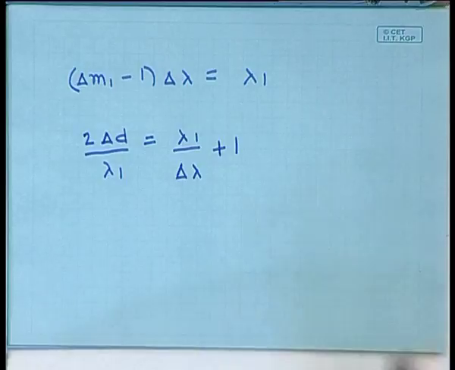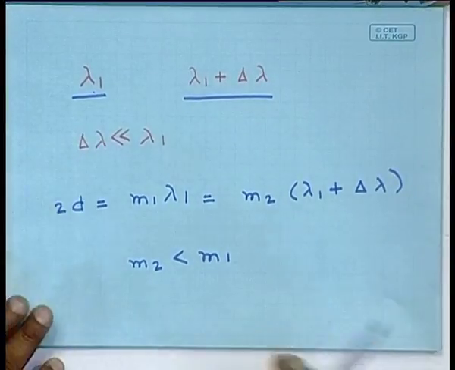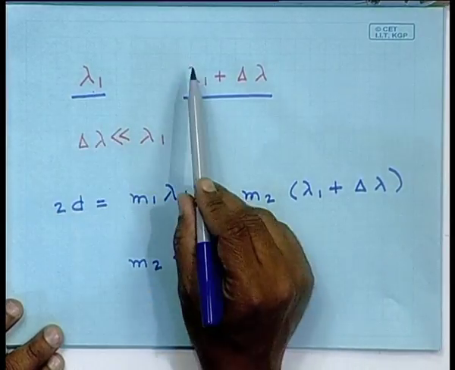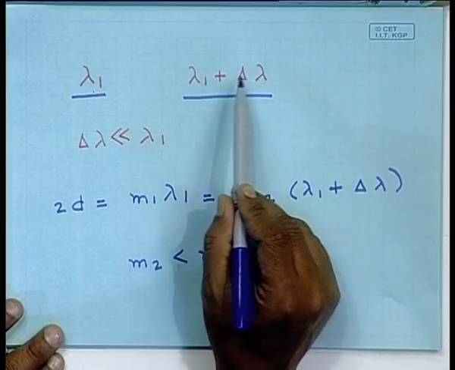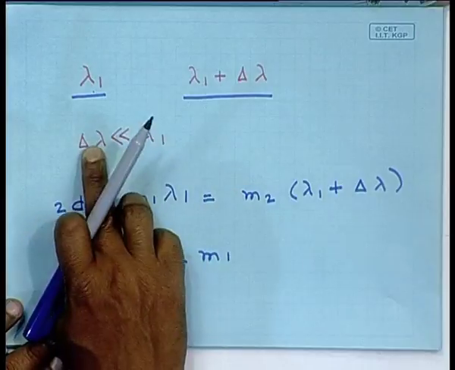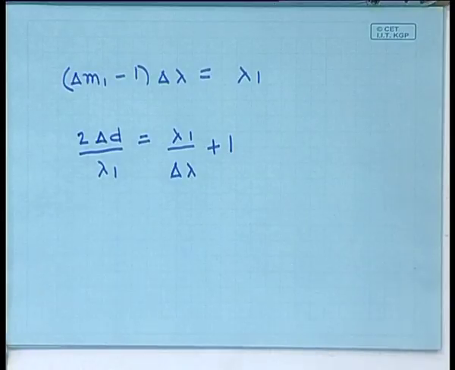Okay. And right at the start, we had assumed that the light which comes into the interferometer has two components, one with wavelength lambda 1, another with wavelength lambda 1 plus delta lambda, where delta lambda is much smaller than lambda 1. So, if I use this assumption, then you see that this ratio lambda 1 by delta lambda is much greater than 1.